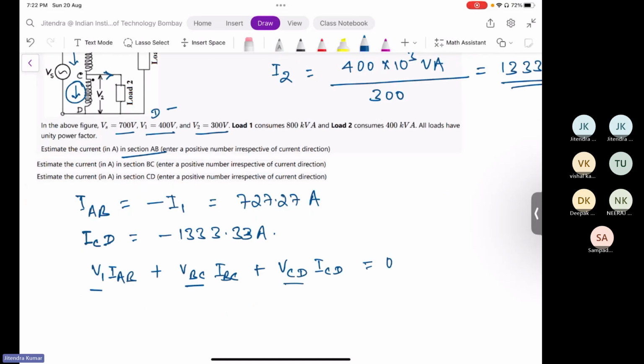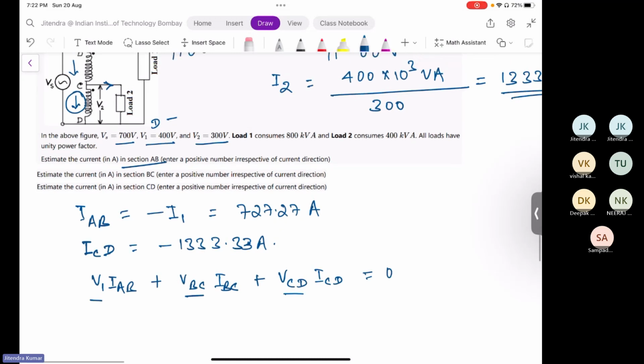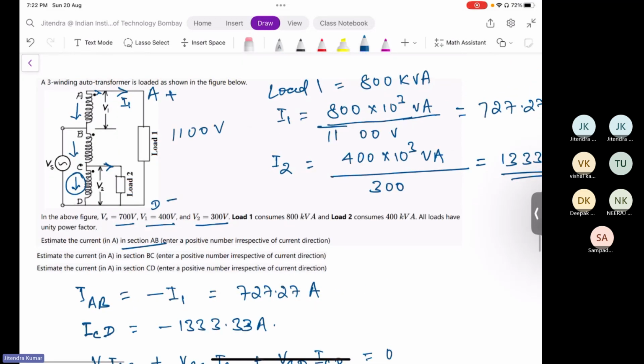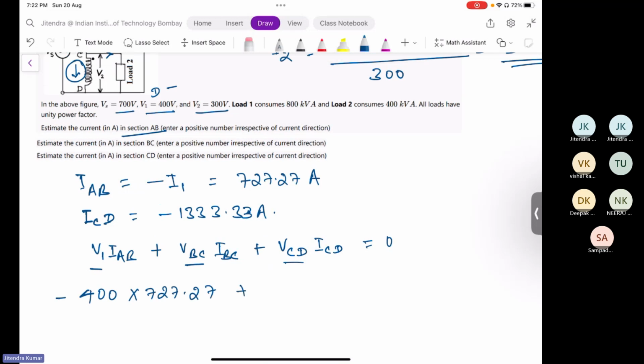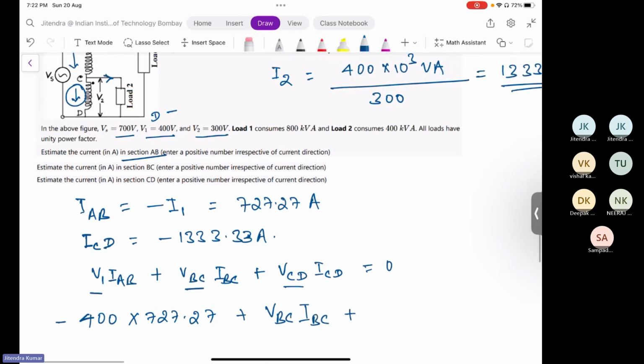So from this expression, V1 was 400 into minus 727.27, plus VBC into IBC, plus VCD is 300 into minus 1333.33, is equal to 0.